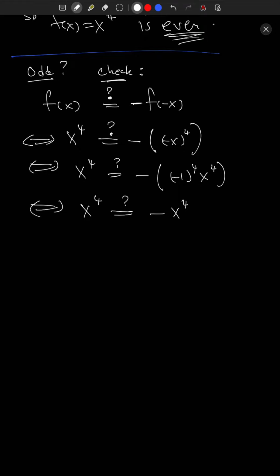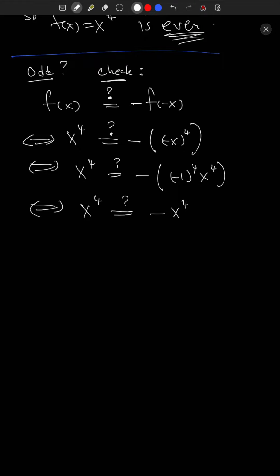So there's 1 point, x equals 1, where the answer to this question mark is no. And as long as there's 1 point, the whole thing is no, right? In fact, for this particular function, almost every point will fail. x equals 2, the left-hand side is 16, the right-hand side is negative 16, not equal again.